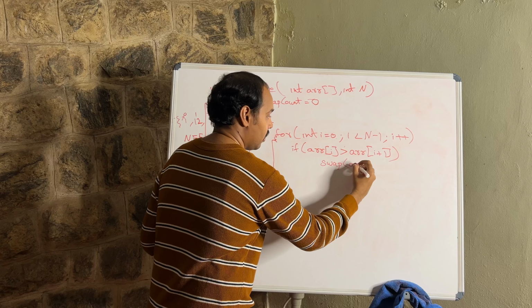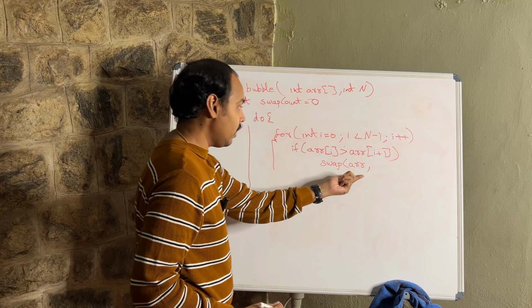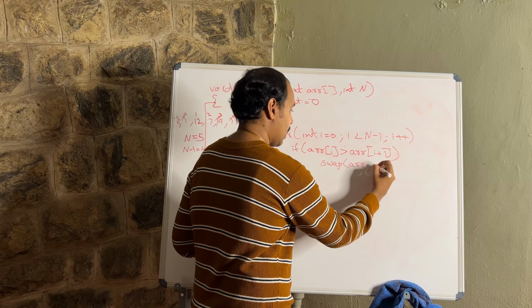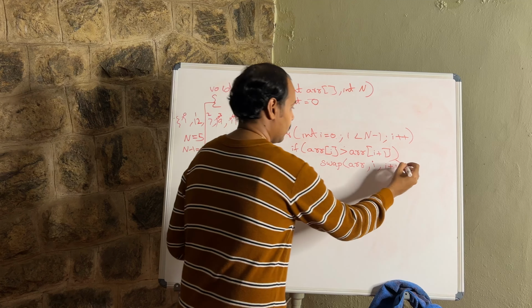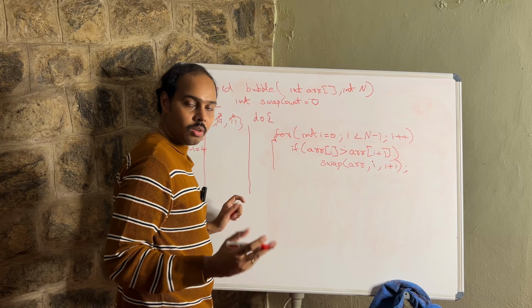Swap which one? Swap the array elements i with i plus 1. If not, we don't do anything.